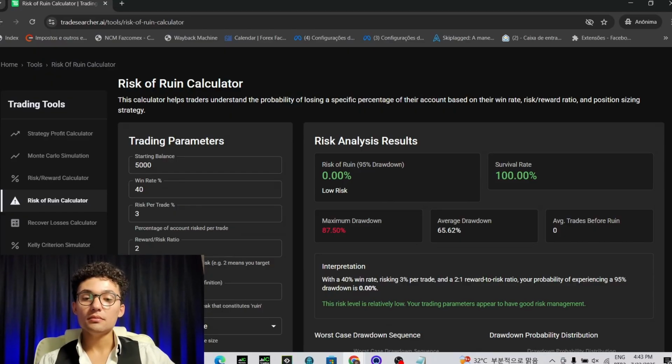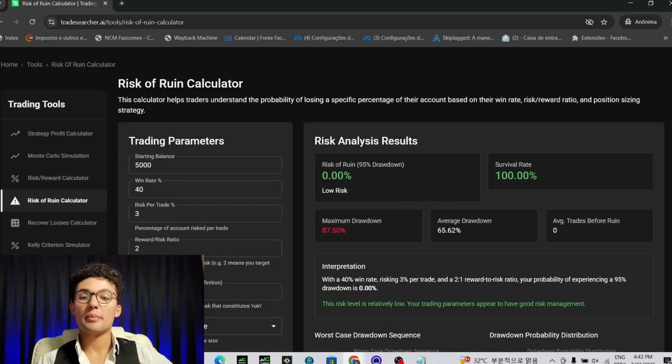So it's quite high. At this level, even though your risk of ruin is 0, you have to worry more. How can I decrease my drawdown? How can I avoid having these massive losses in my account, and not have such a big drawdown? This is what you have to worry about now.